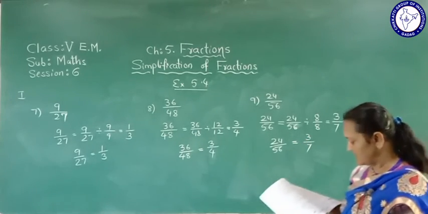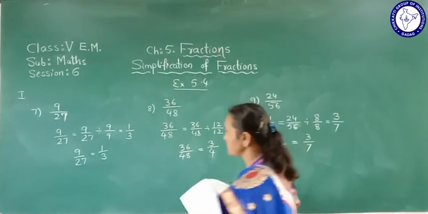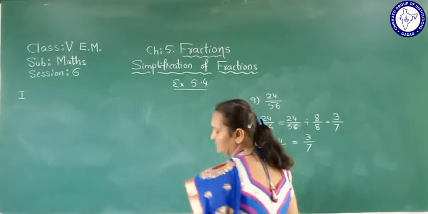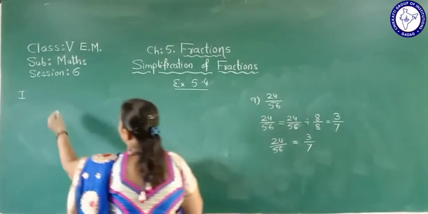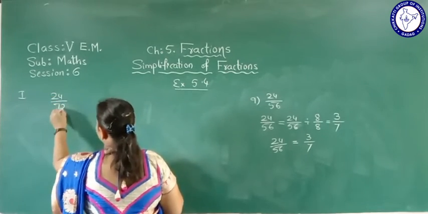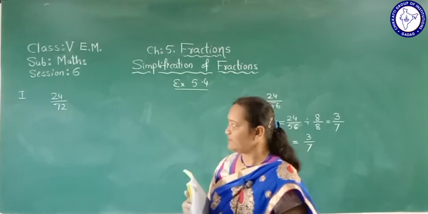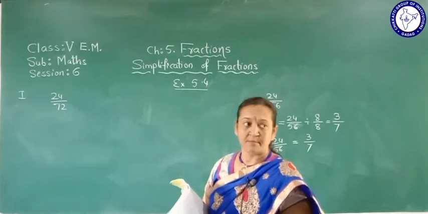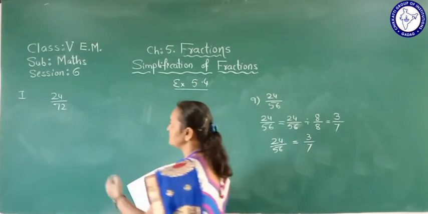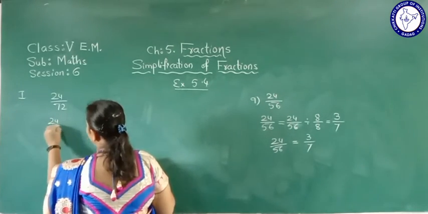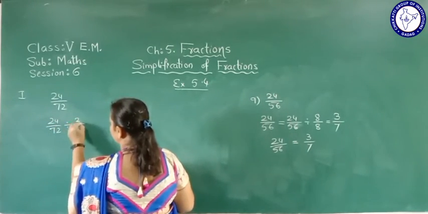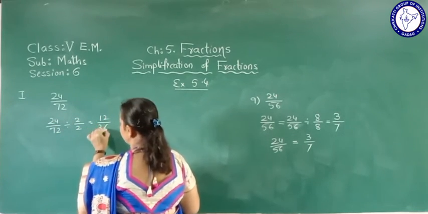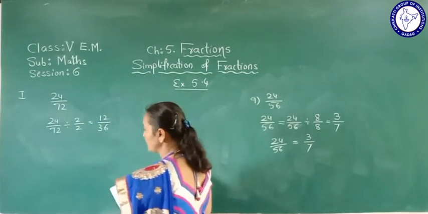Then last question, 10th one, it is 24 by 72. If you know the 24 table, then 24 ones are 24, 24 twos are 48 and 24 threes are 72 we are getting. But if you don't know the 24 table, then reduce it by 2. You will get 24 by 72 divided by 2, then 2 12s are 24 and 2 36s are 72. Again 12 by 36, you can reduce it by 2.